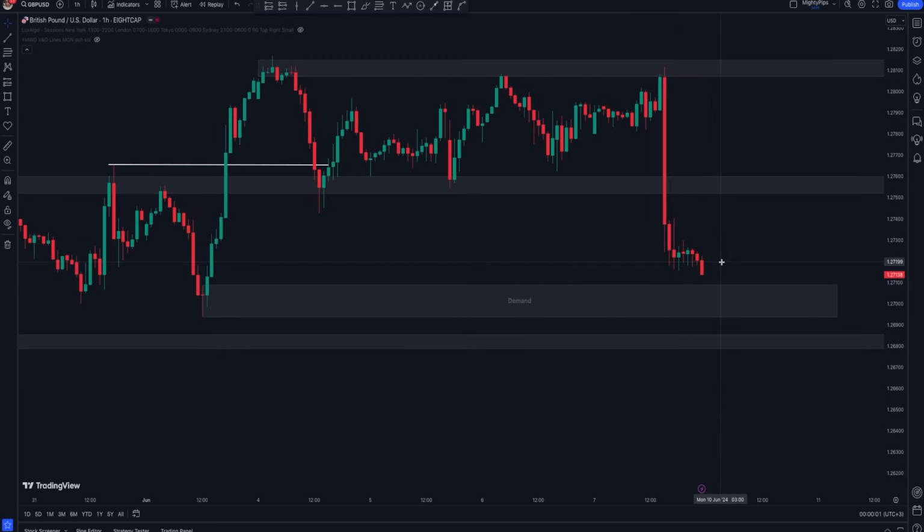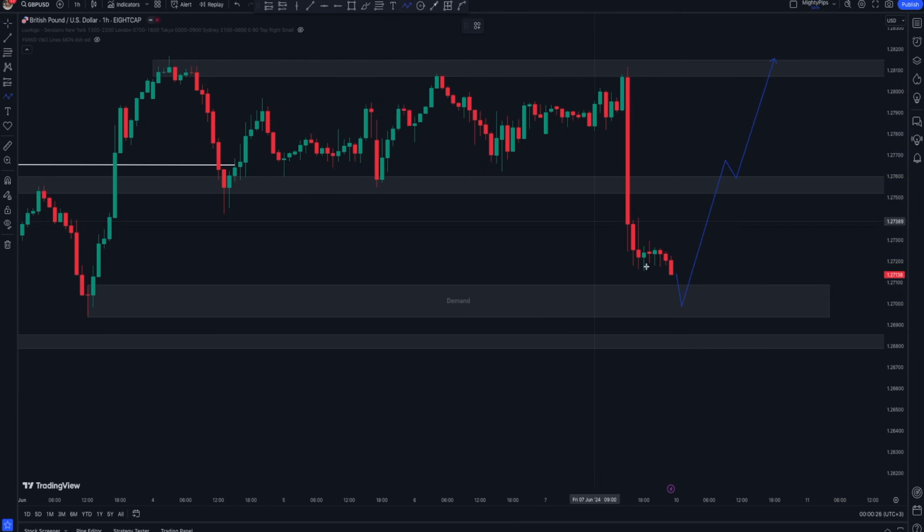So I believe on Monday, I'm recording this video on Sunday, I believe tomorrow morning, these candles might continue lower to demand, before the market goes back up, probably even break this level, retest, and then continue pushing up.